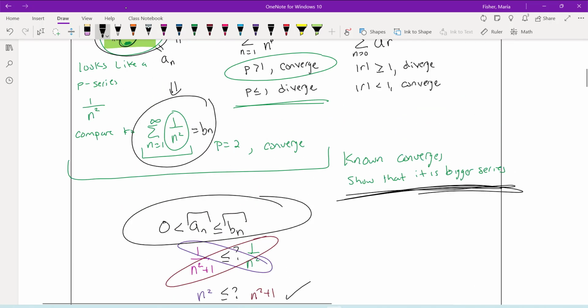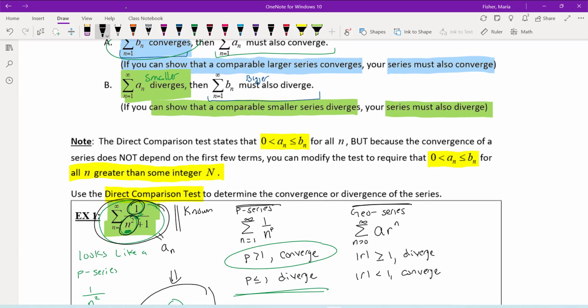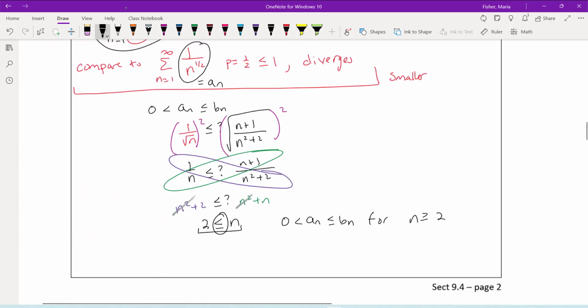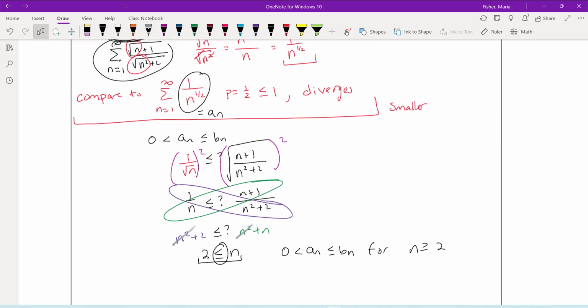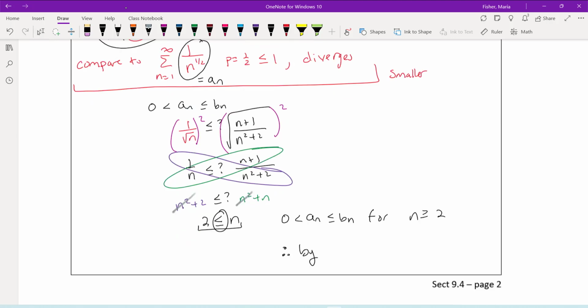It's part of that note that we had before saying as long as this inequality holds true for all n greater than some integer n, then we can use the direct comparison test. So all that this is saying is that for n's greater than or equal to 2, a sub n will be the smaller series, and that statement then allows us to use the direct comparison test. Therefore, now we can say that by the direct comparison test, our series diverges.